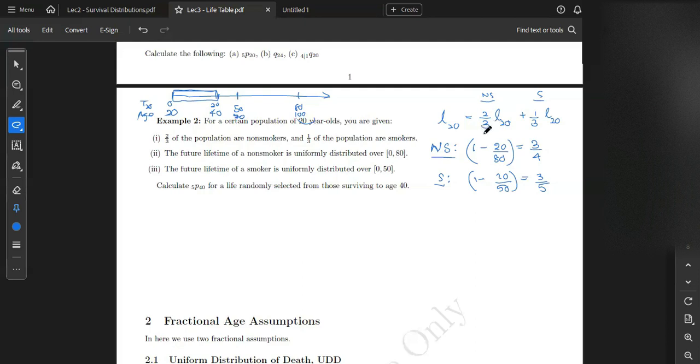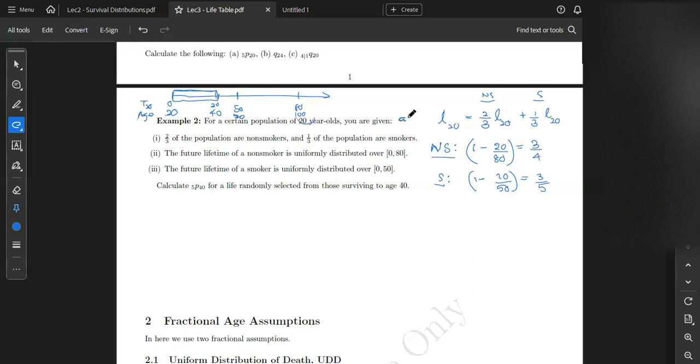So at the beginning we have L20 in both subpopulations, and we know that from each subpopulation after 20 years, this percentage of survivors will be there. That means we just need to multiply the starting population of each subpopulation with this survival percentage.